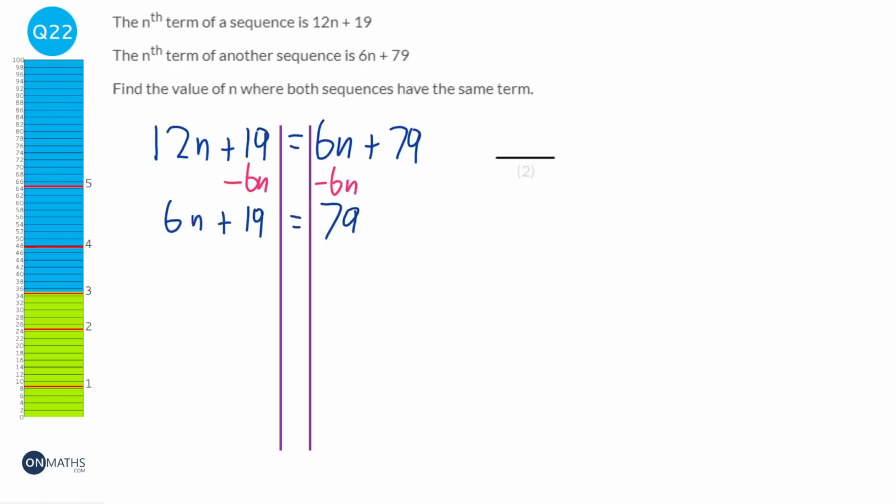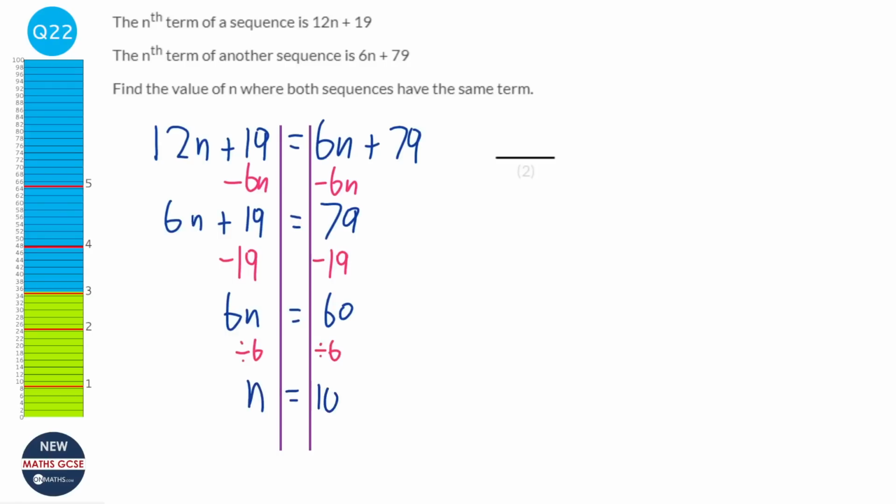Next thing we're going to do is get rid of the 19, so take away 19 both sides, and so we've got 6n equals 79 take away 19, which is 60, and finally we just divide by 6, and so that would be n equals 10. So the value of n is 10.